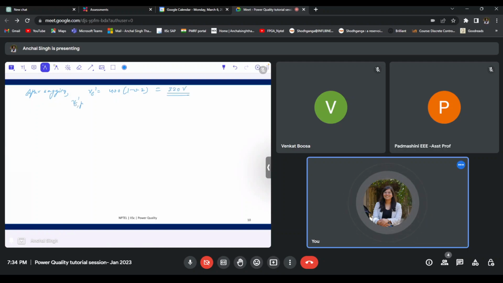And Vs dash per phase will be equal to 320 by root 3, which will be given as 184.752 volts.